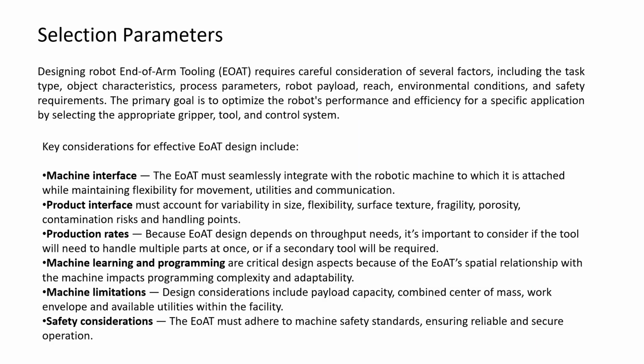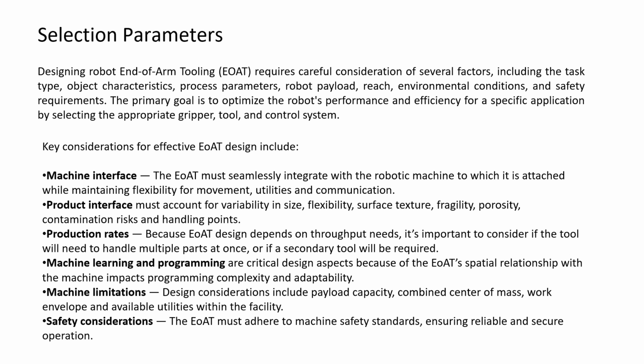So what are the selection parameters? Whenever we design the end of arm tooling, some very important parameters are required to be considered, like task type, object characteristics, process parameters, robot payload, reach, environmental conditions, and safety conditions.